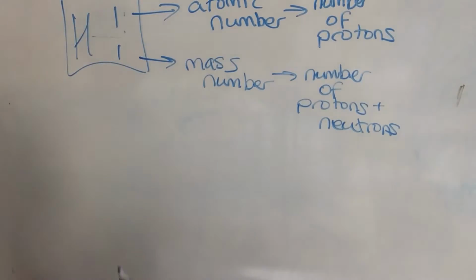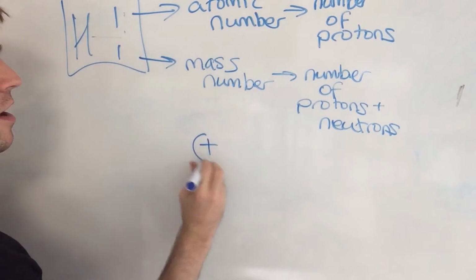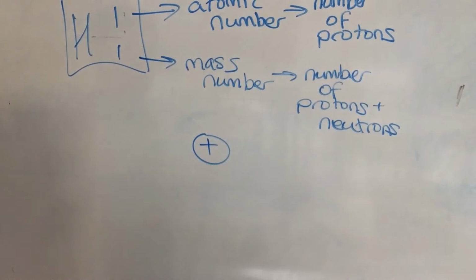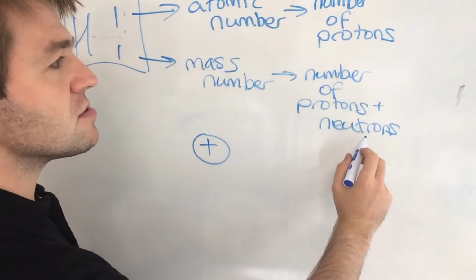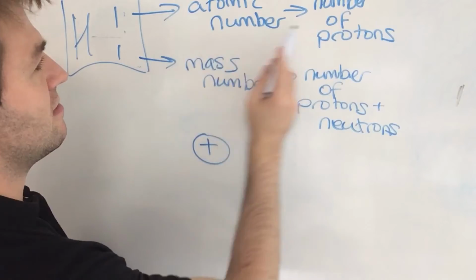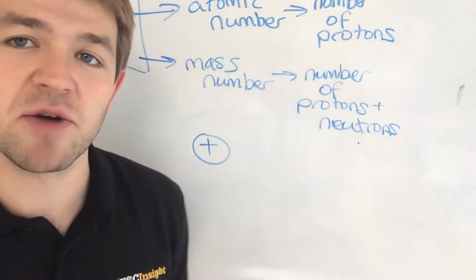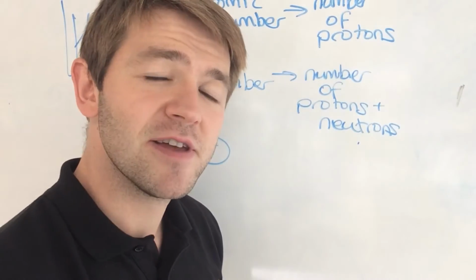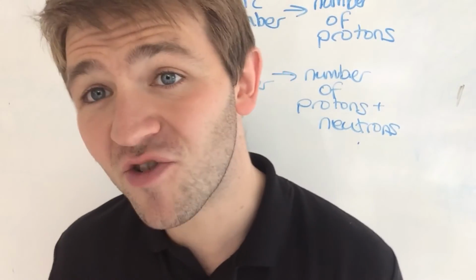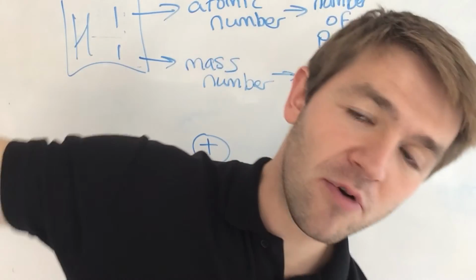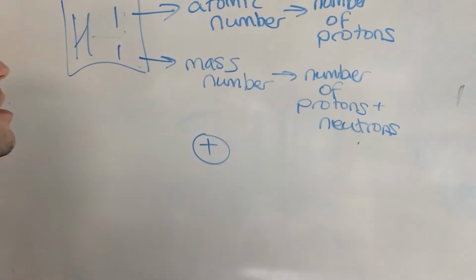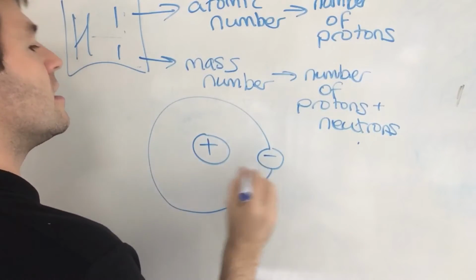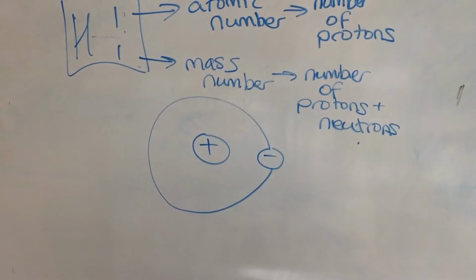So if I was to draw this here, I start with one positive proton in the middle. I have no neutrons, because if this is 1 and this is 1, then that must be 0. But one proton is positive, so I need one electron to balance. One proton, one electron. So I do an electron on the outside, and it's in an orbit. So I would draw like that there.